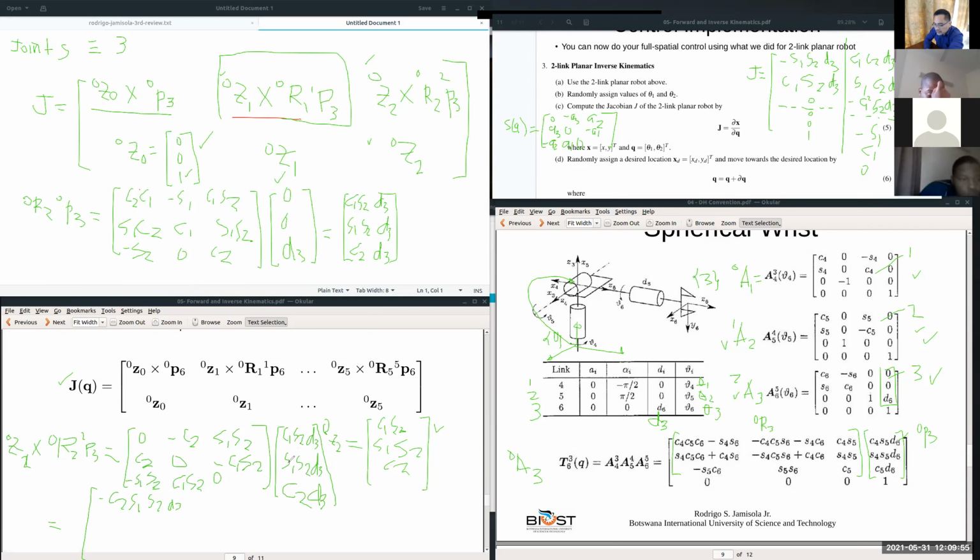Okay, next is this one, plus S1 S2 C2 D3. That's the first component. Okay, the second component is C2 C1 S2.